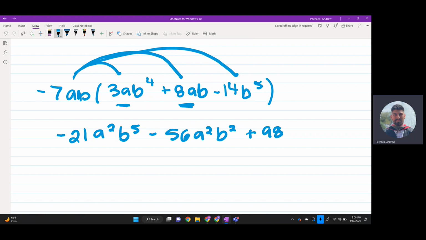There is no a, so it's just going to represent itself, multiplying it by 1, essentially, since there's not another a variable. And then b times b to the 5th power is going to be b to the 6th power.